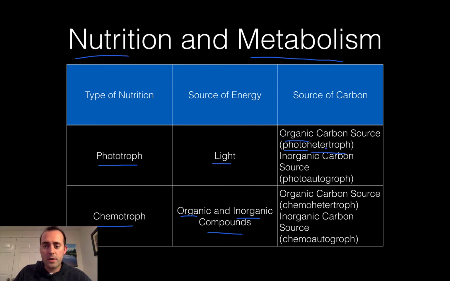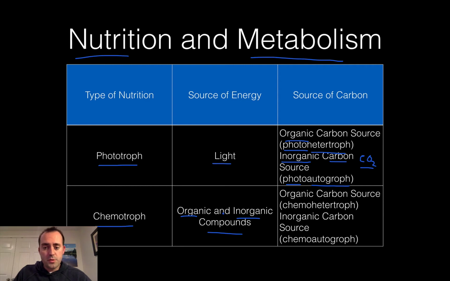They get their carbon from an organic source. Like we are heterotrophs. We get our energy, our carbon too, from an outside source. We don't use carbon dioxide. Whereas if they use an inorganic carbon source like carbon dioxide, CO2, we would call them a photoautotroph because they can use an inorganic carbon to build organic molecules, similar to plants.